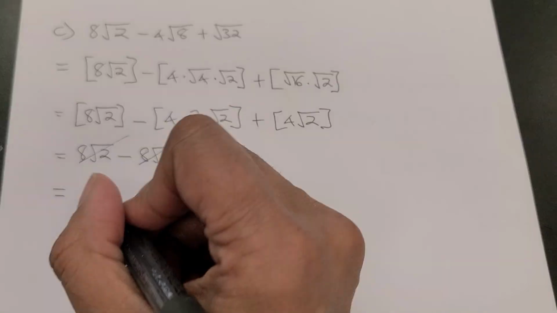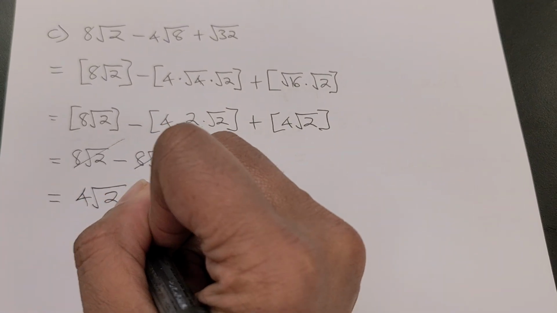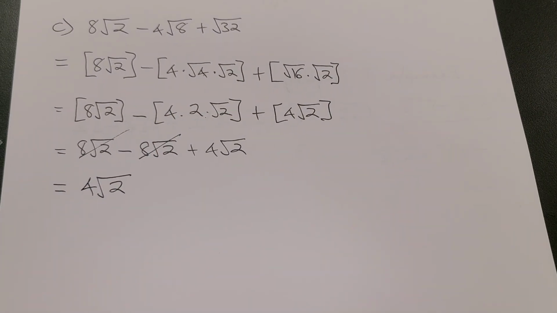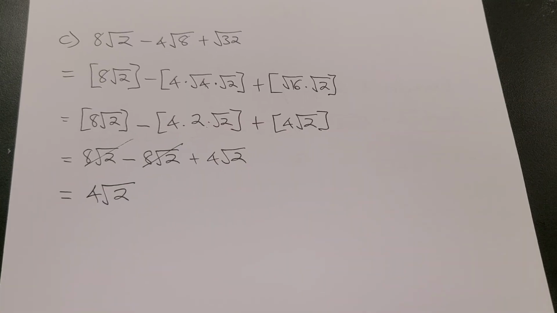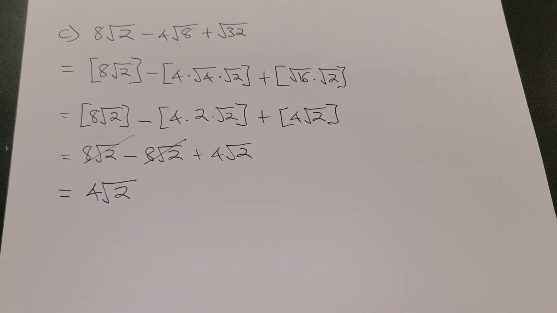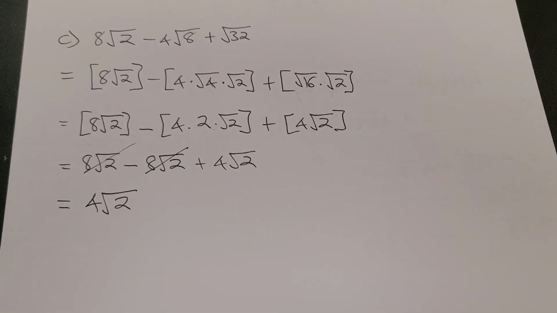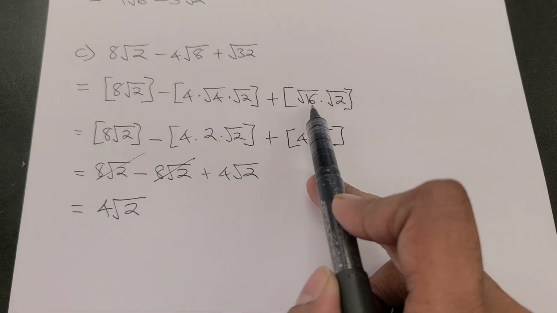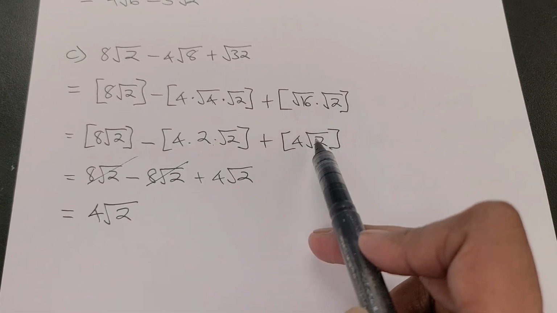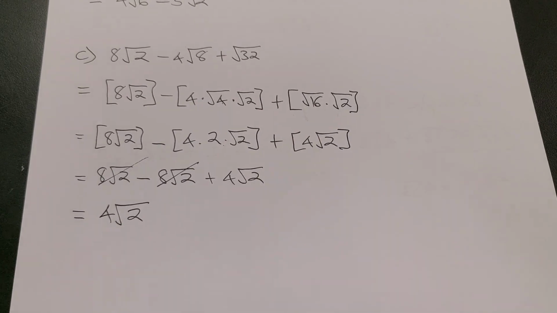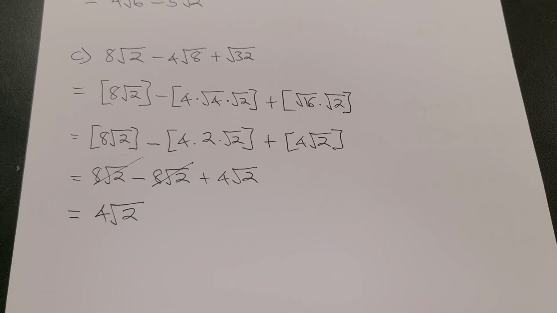It's gone. And your final answer is 4 root 2. Do you see that? So you do have to show at least a couple of steps before you get the final answer. But like I said, if you don't find the greatest perfect square here, I probably have an extra step where I need to simplify the radical.